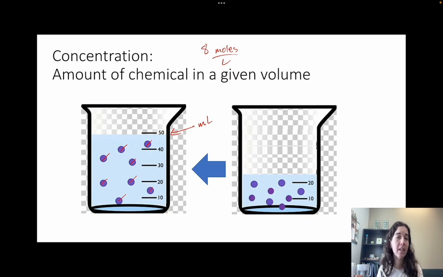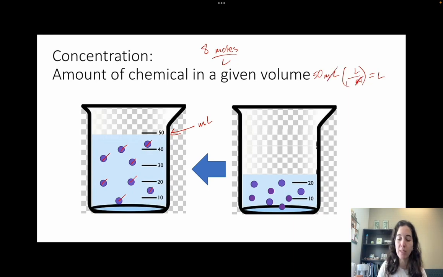Because molarity is defined in liters, we do need to convert the milliliters to liters. So if we have 50 milliliters and we want that in liters, we know that inside of 1 liter is 1,000 milliliters. Unit conversion tells us that our milliliters needs to be on the bottom and our liters needs to be on the top in order for these to cancel.